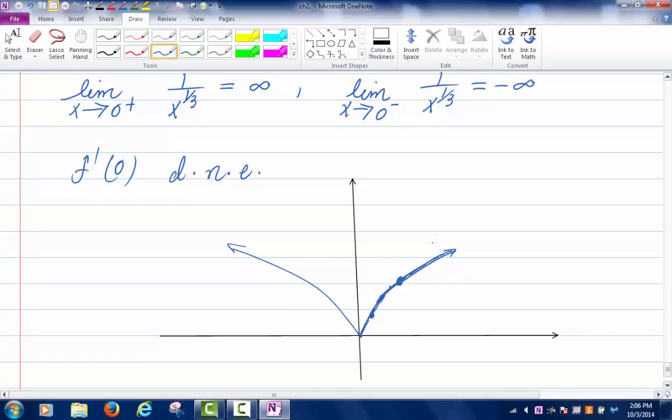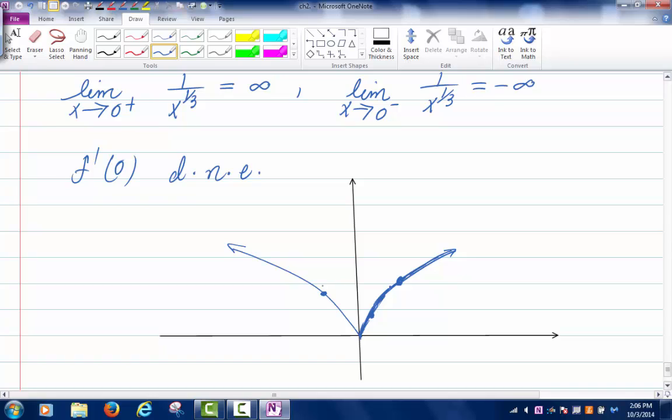What it means is that the tangent lines at these points, as you move towards 0, are becoming vertical. The same thing happens here on the left: as you move towards 0, the tangent line becomes vertical again.